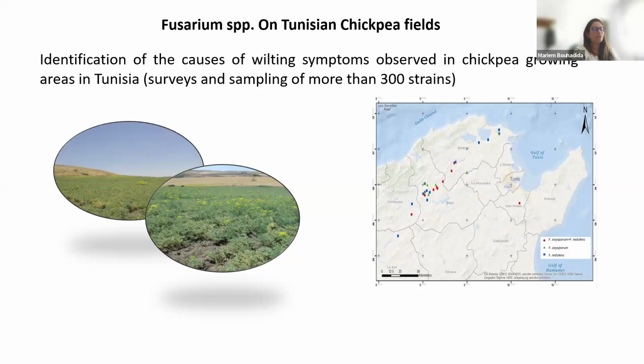We conducted several surveys in the main chickpea growing areas to do sampling, morphological characterization and molecular characterization in order to identify what is going on. So, apart from Fusarium oxysporum f. sp. ciceris race 0, there are other pathogen species involved in the wilting that we are observing in our chickpea growing areas.